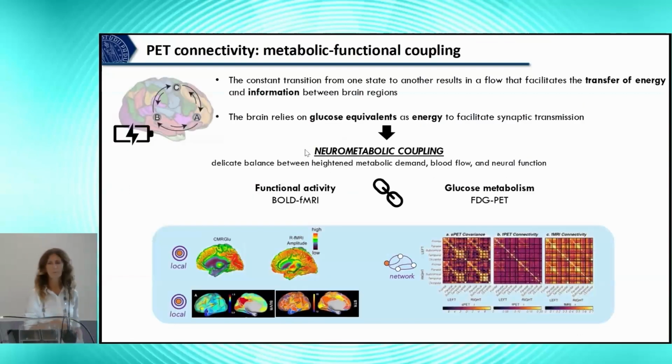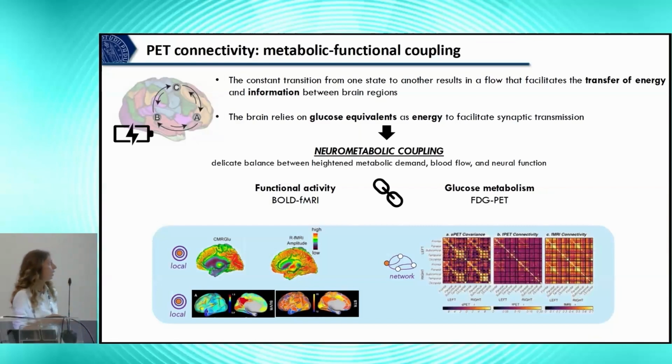Okay, so what we can do, we don't have two different PET dynamic scans in the same subject, since it's quite demanding to acquire them. We can try to link two different types of information, to understand the combination between what fMRI is telling us and what glucose is giving us as information.